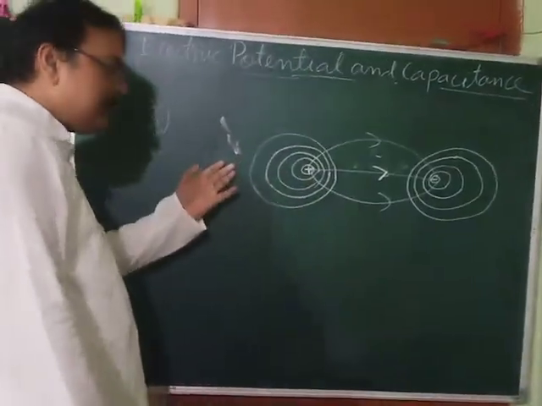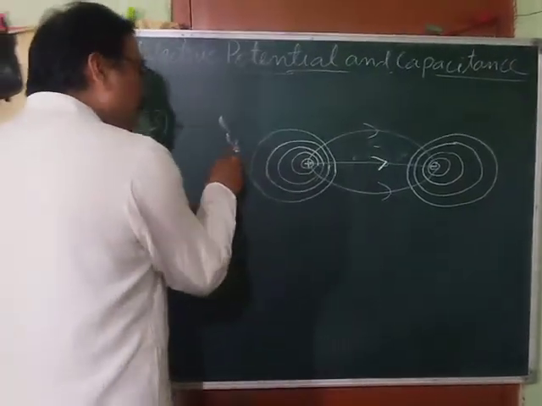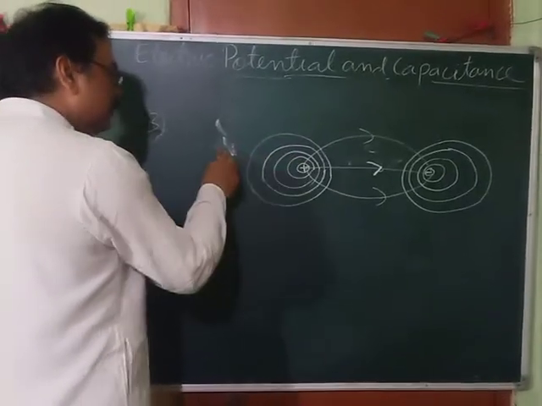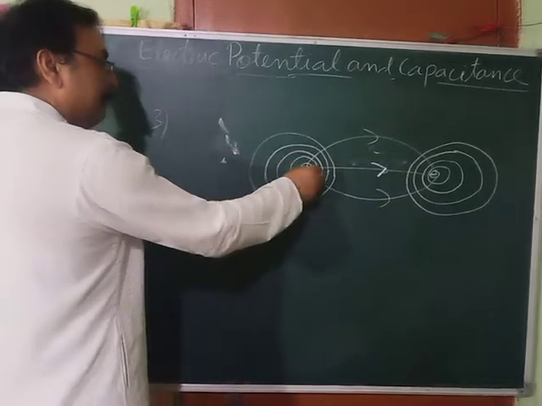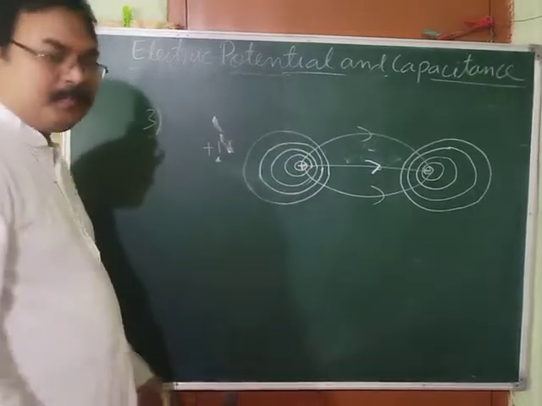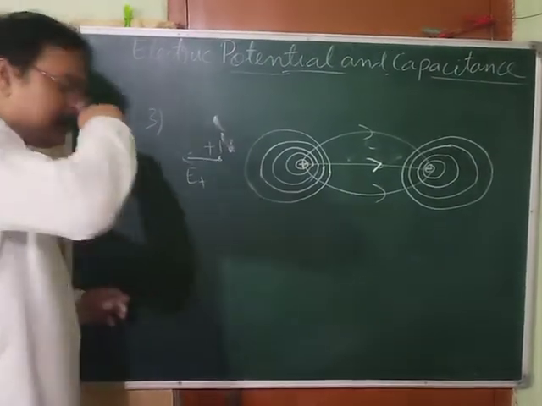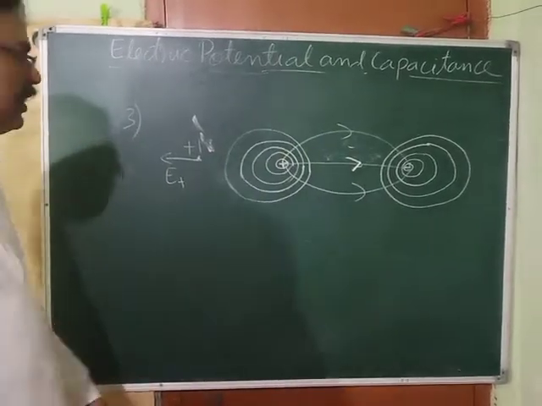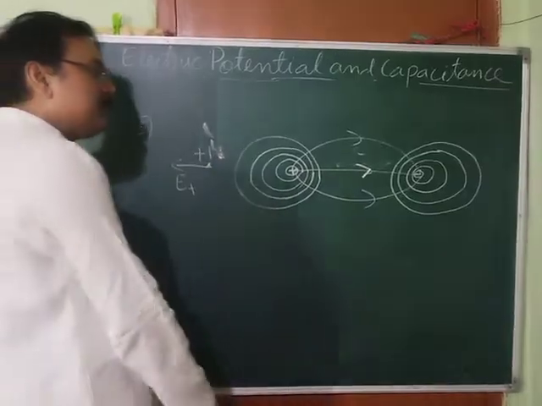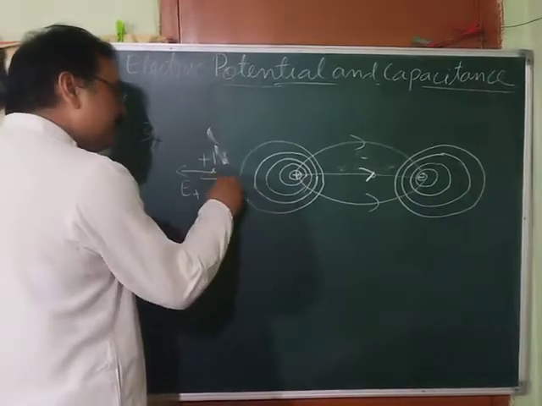Now what about this side? If you take any point over here, what will you find? If you place a 1 Coulomb charge over here, what will this positive charge do? It will repel it in this direction. So due to this positive charge, the electric field will be directed in this direction. Now to the same 1 Coulomb positive charge, what will this negative charge do? It will attract it in this direction.